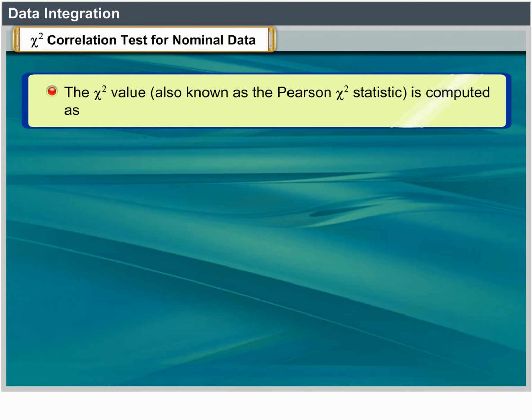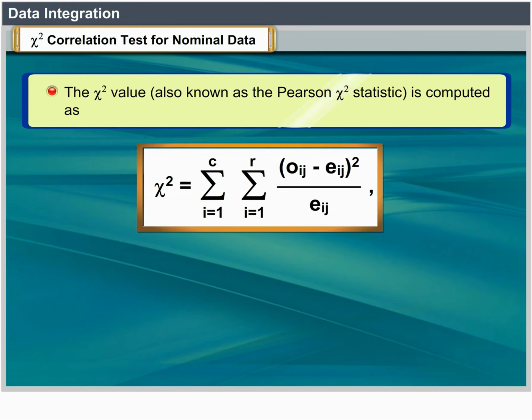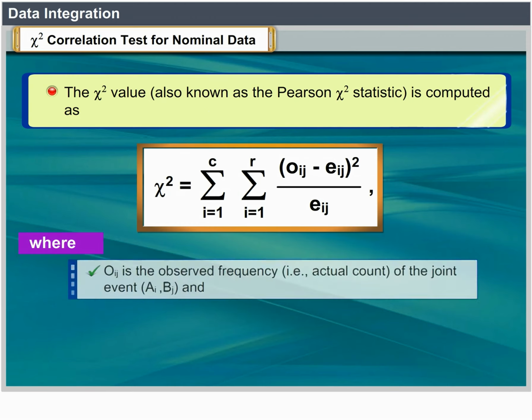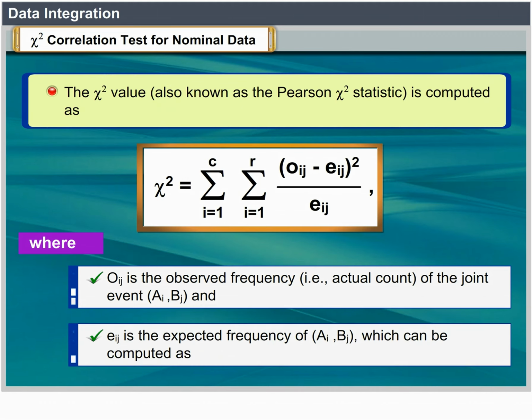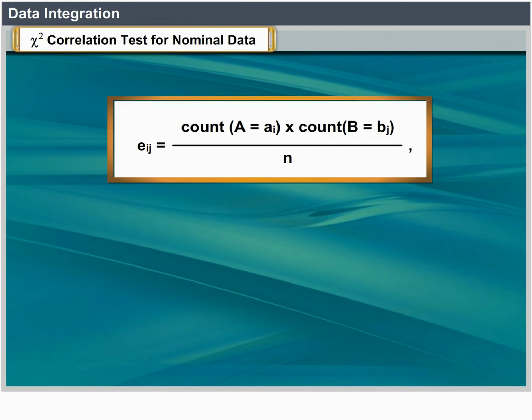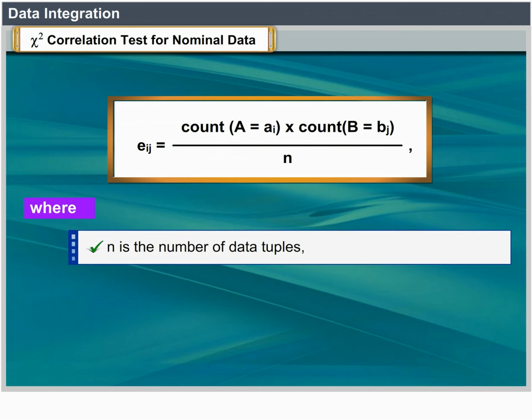The chi-square value, also known as the Pearson chi-square statistic, is computed as chi-square equals sigma i equals 1 to c, sigma j equals 1 to r, (oij minus eij) whole squared divided by eij, where oij is the observed frequency, the actual count of the joint event (Ai, Bj), and eij is the expected frequency of (Ai, Bj), which can be computed as eij equals count(A equals ai) times count(B equals bj) divided by n, where n is the number of data tuples.